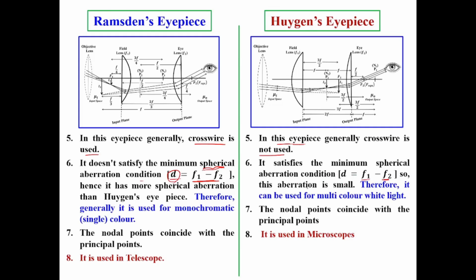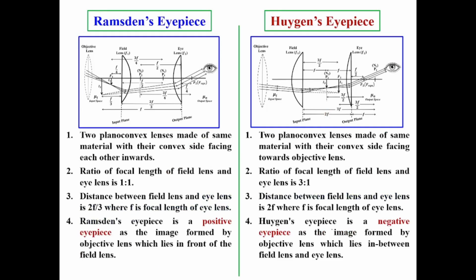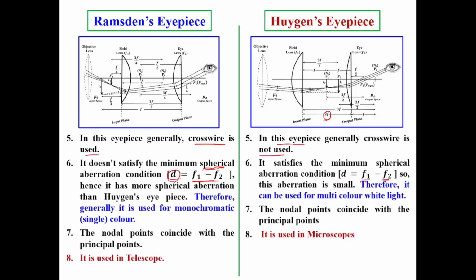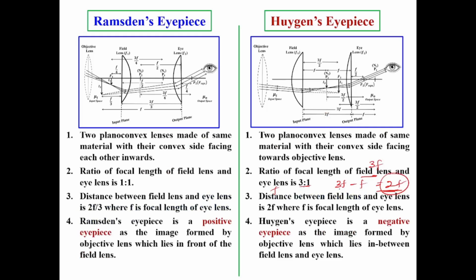How? Here you can see. For this case, the separation between the two lenses is 2f. If we consider the focal length of the eye lens as f, then the field lens focal length will be how much? 3f, because it is 3:1. So if I differentiate, this is f1, this is f2, that means 3f minus f is 2f. Here it obeys the spherical aberration condition, that is d we found here is 2f, that means the separation between the two lenses is 2f.